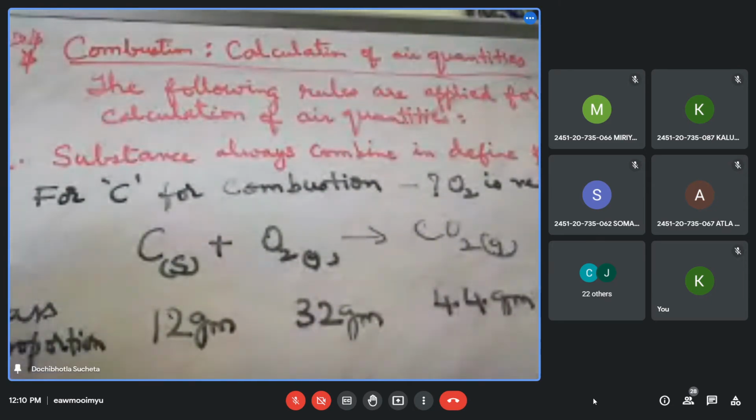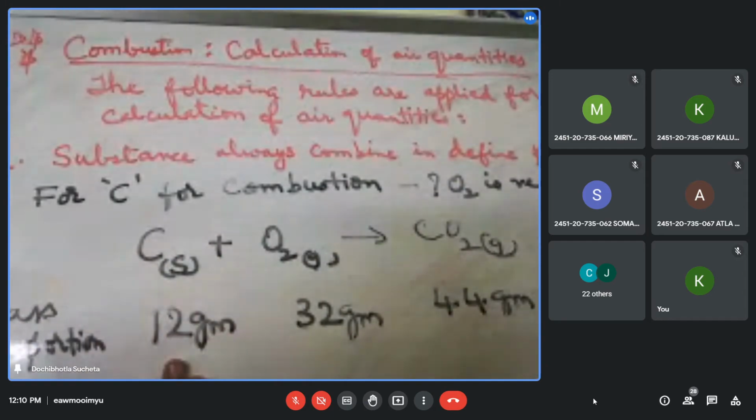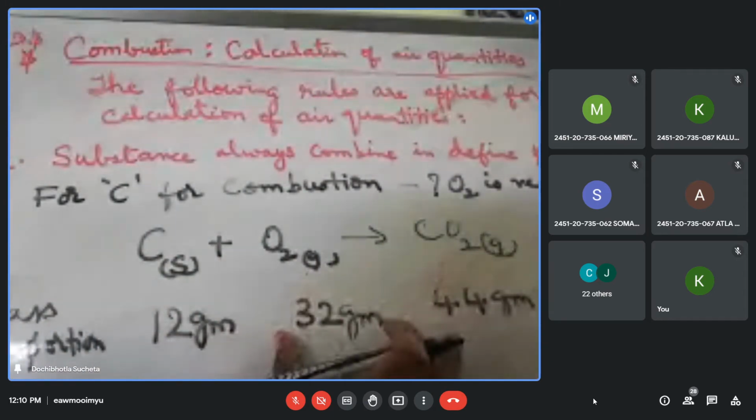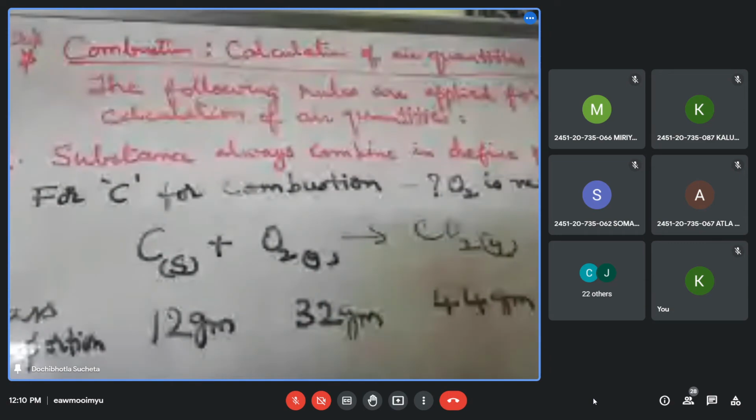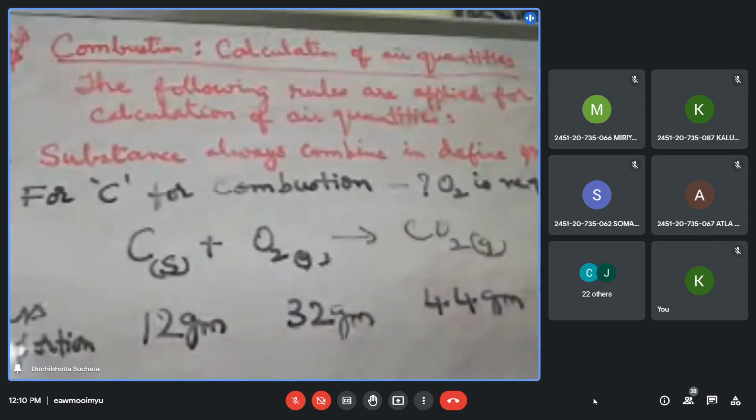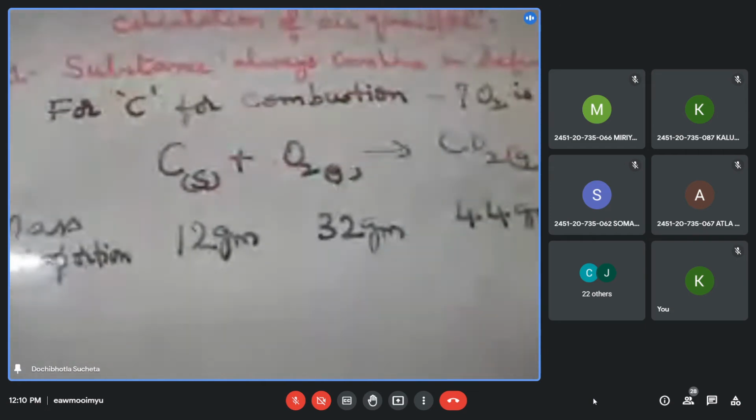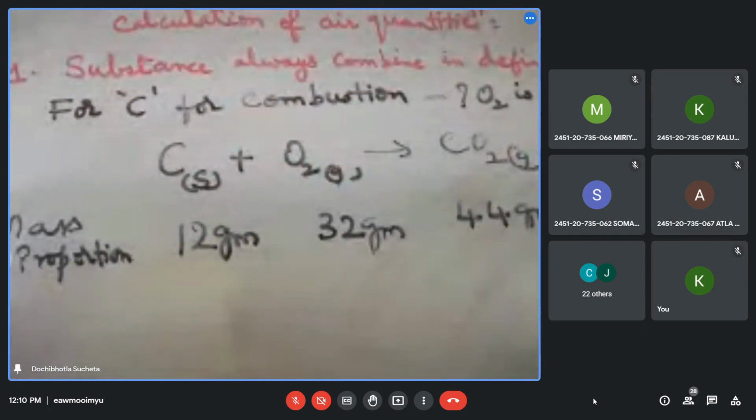I know that 12 grams of carbon will react only with 32 grams to form 44 grams. This is the definite proportion of combination with respect to complete combustion of carbon.